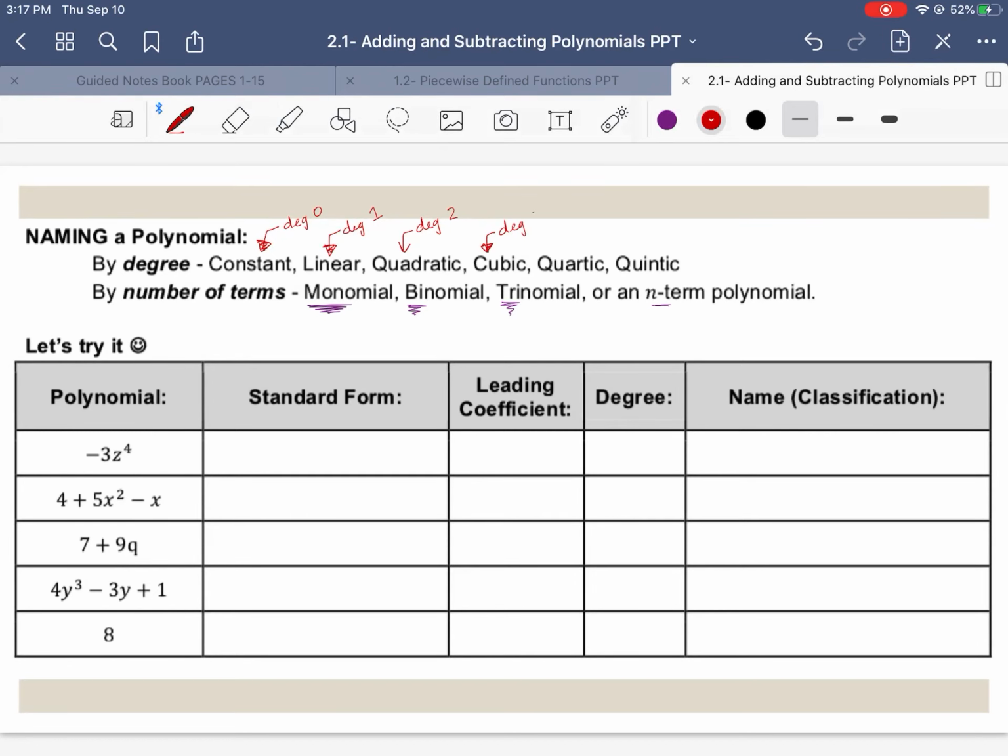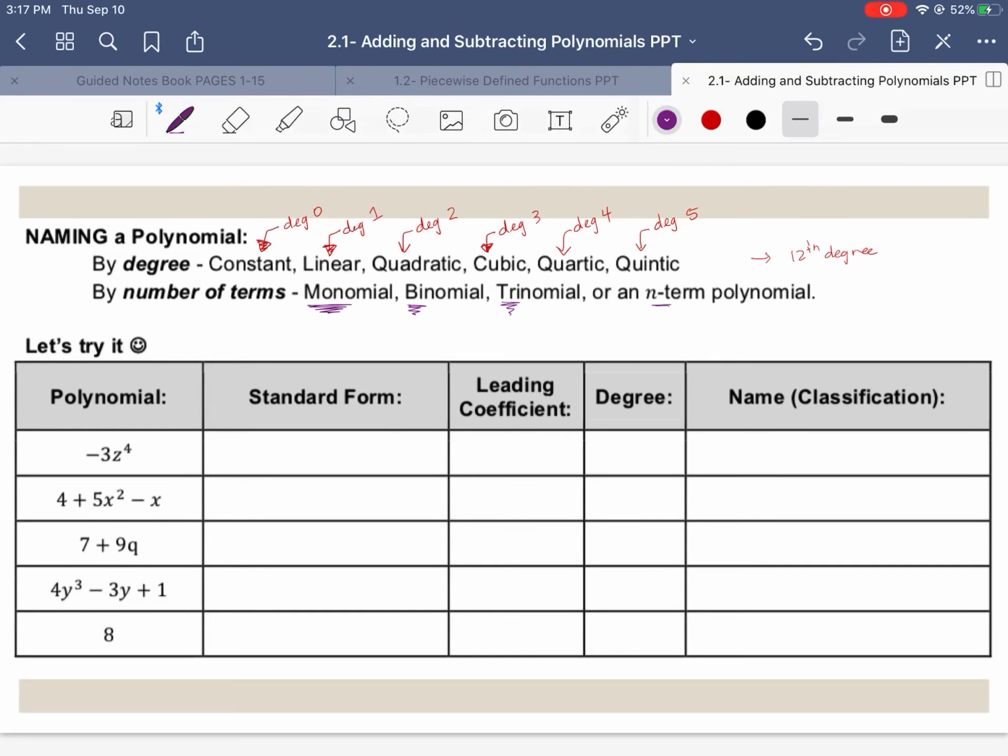Cubic, just like it sounds, a degree of 3. And then quartic, you can see where we're going with this. It's just going up. And a quintic is a degree of 5. Now anything bigger than that, we're just going to say something like a 12th degree polynomial. So anything bigger, just use the number that you found for your degree.